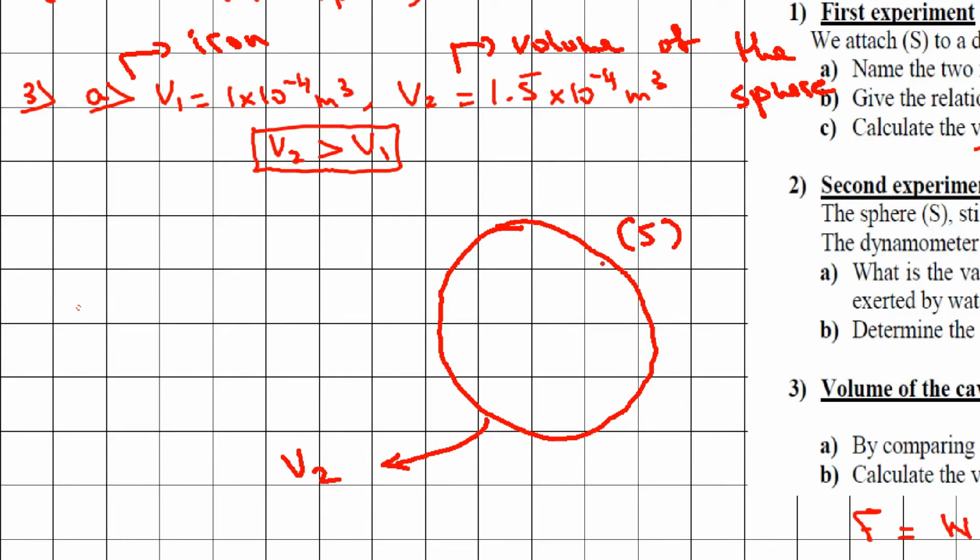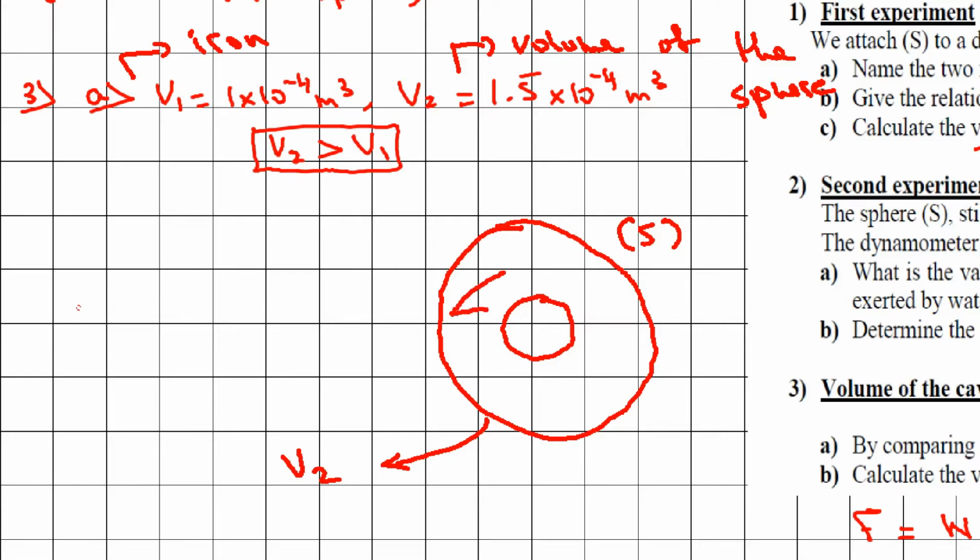And if we suppose that the solid S is completely made up of iron, then we expect that the volume of iron must be equal to the volume of the sphere, which is 1.5 times 10 to the power minus 4 meter cube. In this case, the volume of iron is less than the volume of the sphere, and this is due to the presence of a cavity inside the sphere.